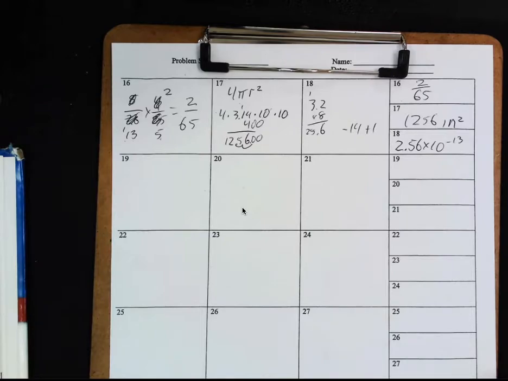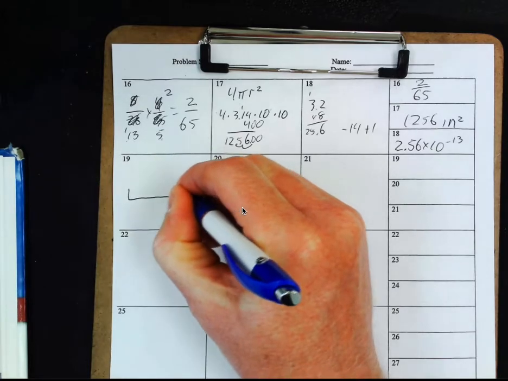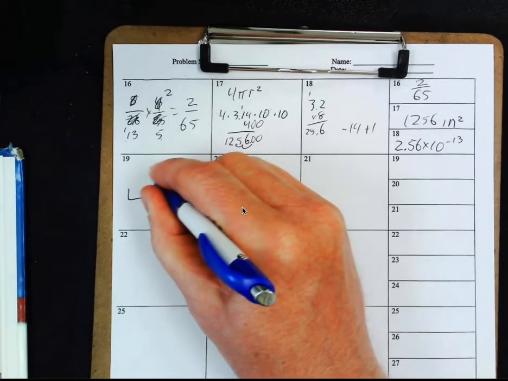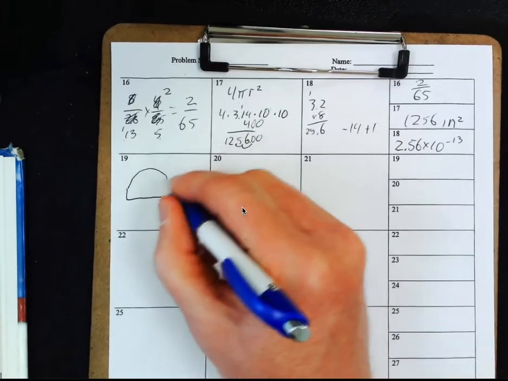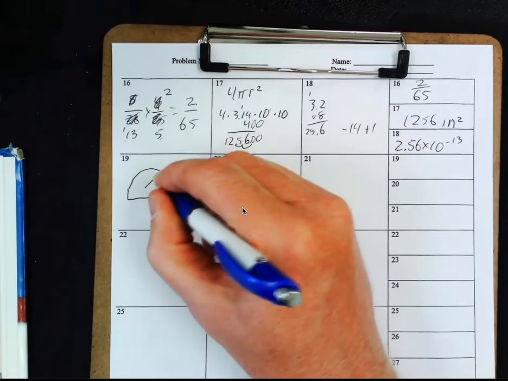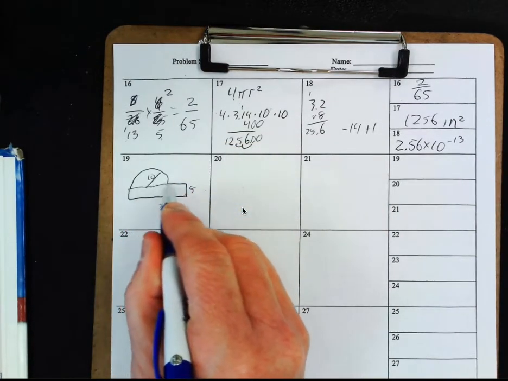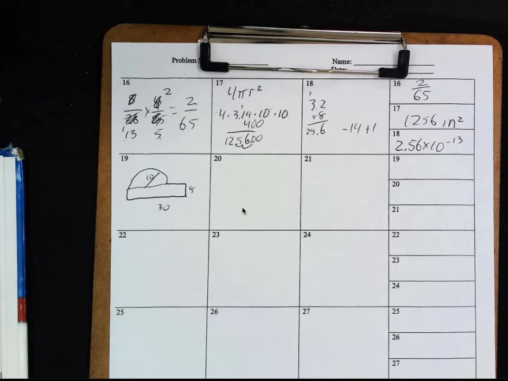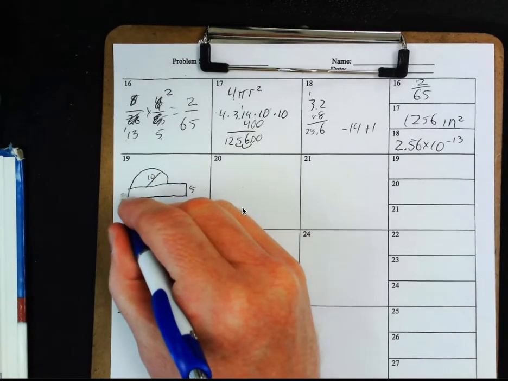19, find the perimeter of the figure at the right. Woo! They gave me 5, they gave me 30, and they told me the radius is 10. Okay, step 1, guys, I'm going to figure out the perimeter of doing some work here. So if it's 5 on the right, it's 5 on the left.